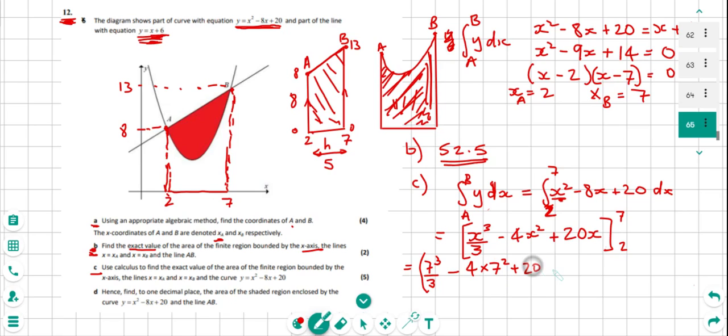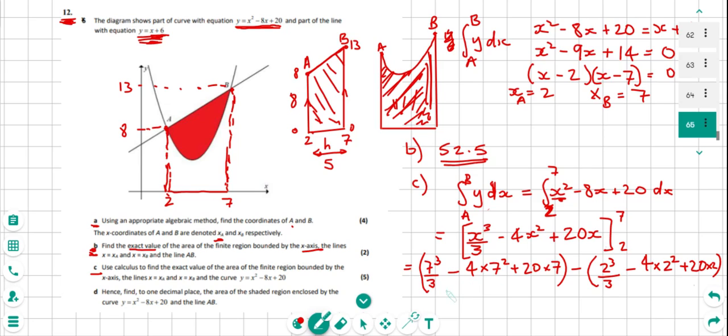Plus 20 times 7. And then I'm going to subtract from it another bracket where this time x is replaced by 2. So I've got 2 cubed over 3 minus, and then we're going to have 4 times 2 squared plus 20 times 2.